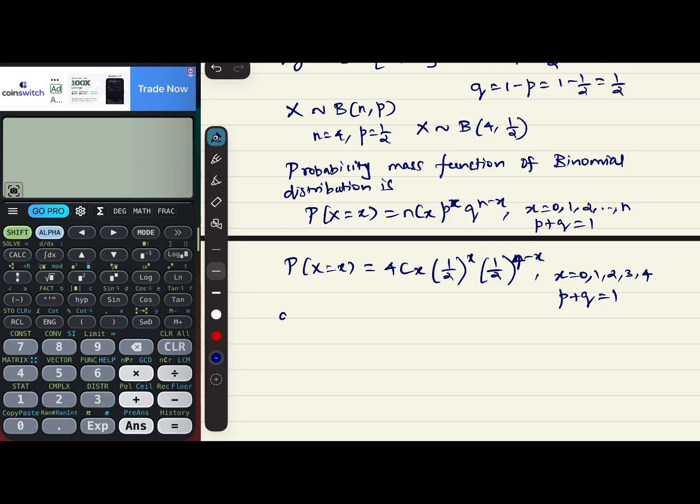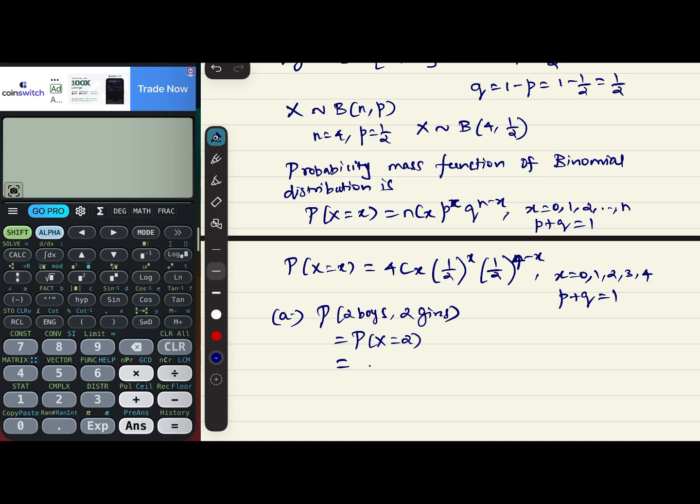What is the probability of two boys and two girls? That is probability of x equal to 2. Since we define the random variable for birth of a boy, we can take these two boys to be x equal to 2. Okay, right.